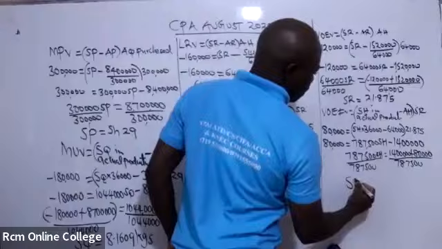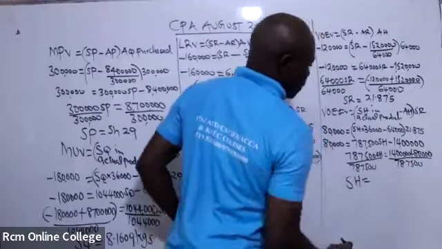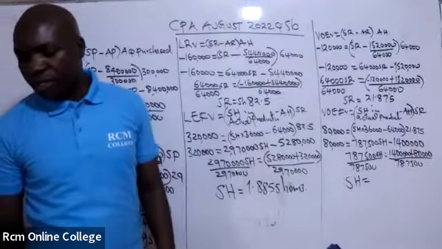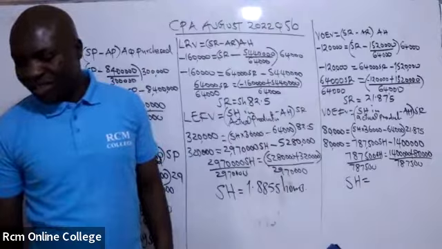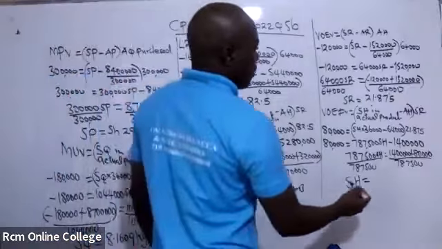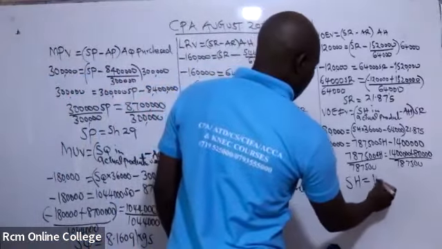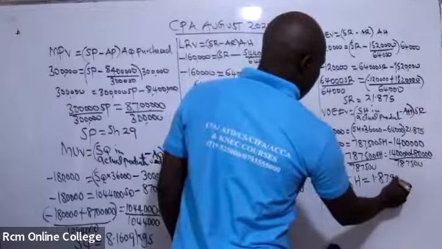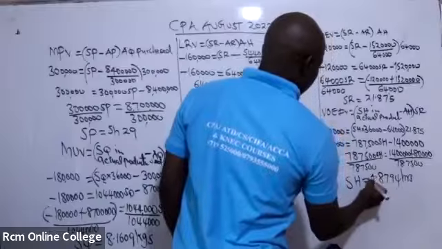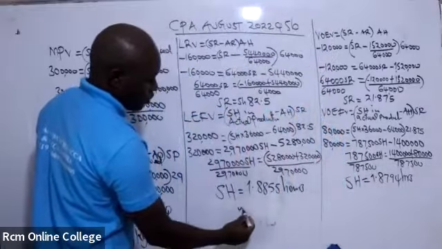What is our standard hours? What's our standard hours? Standard hours. 1.8794. 1.8794 hours. Good.